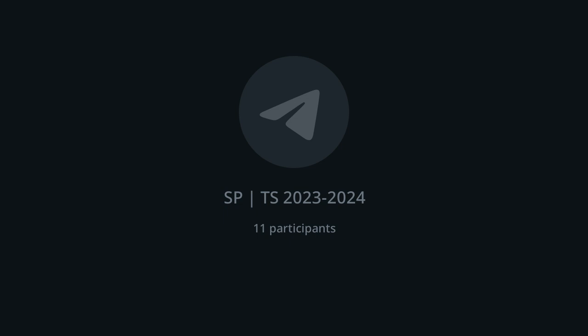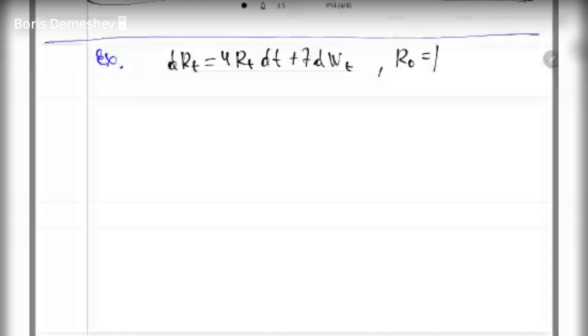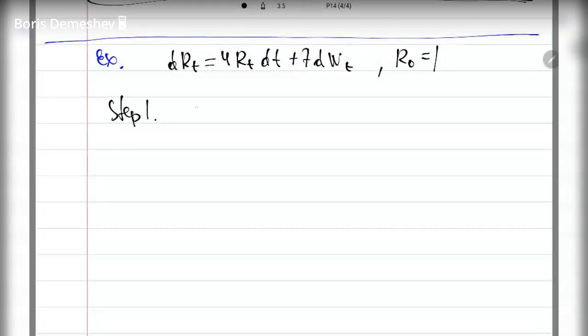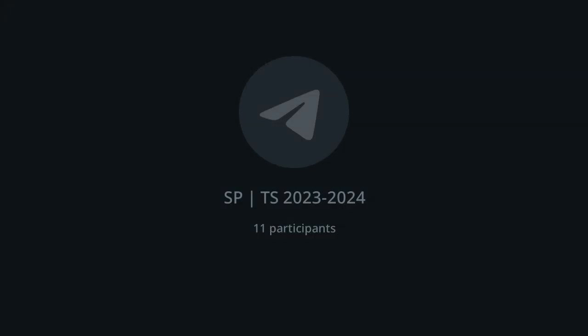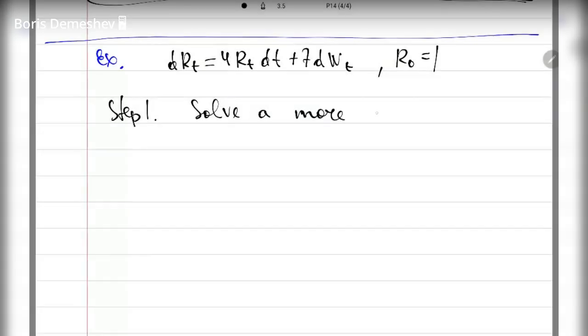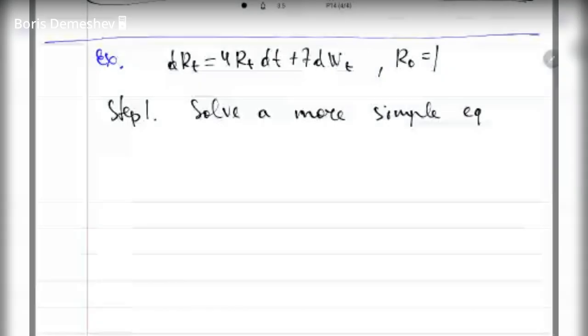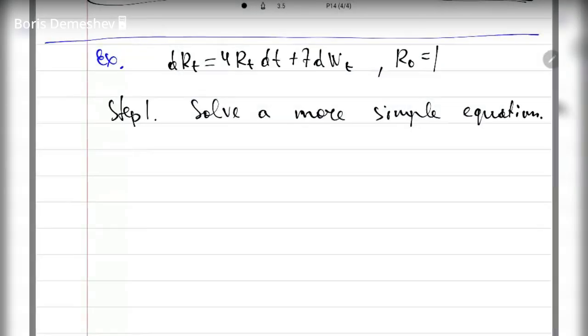Okay, and here I will show you the idea of a standard way to solve stochastic differential equations and maybe ordinary differential equations. Step 1: solve a more simple equation.